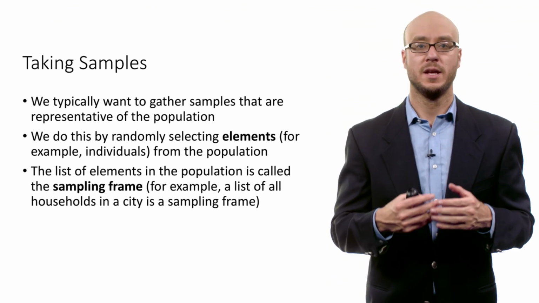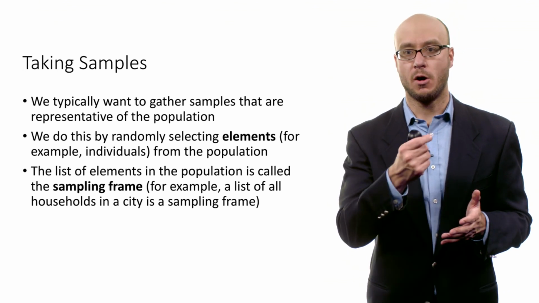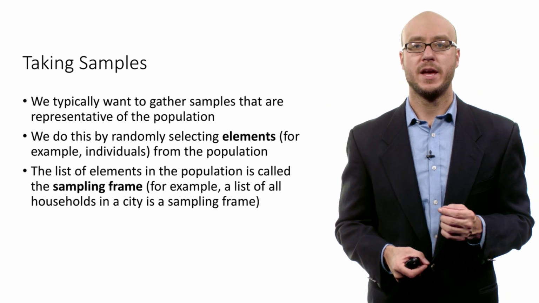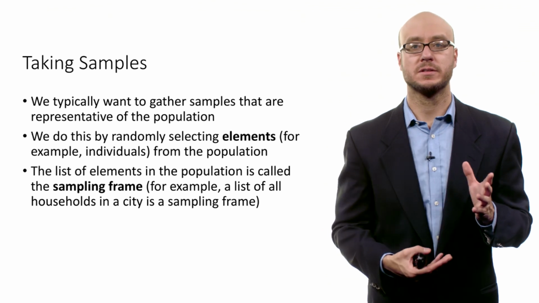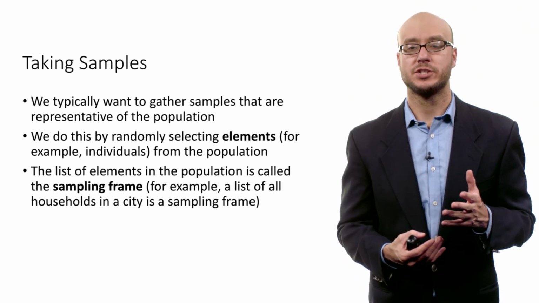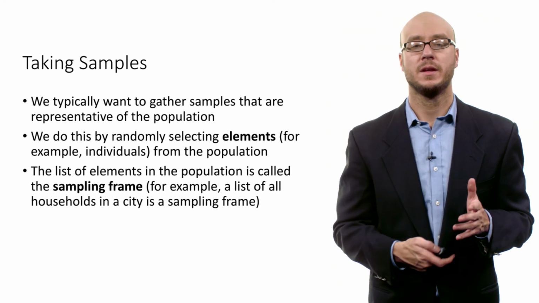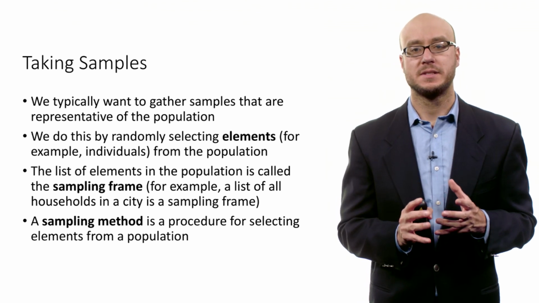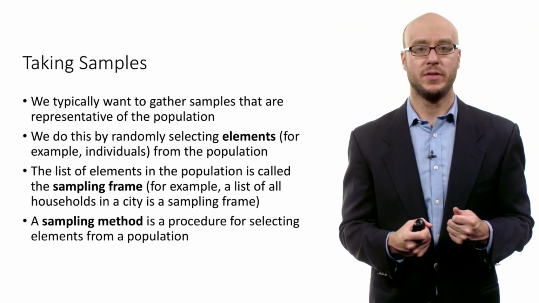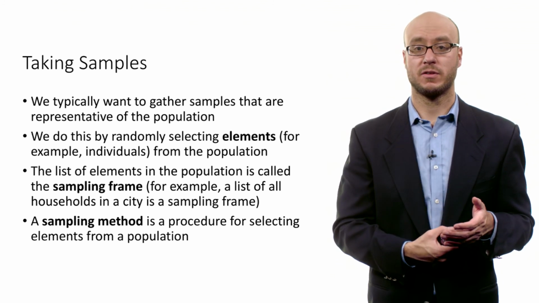So for example, if you're looking at height in a population, all those elements are individuals. And in terms of the sampling frame, it might be all the households in a particular city, if that's your population, and you're going to randomly sample from that list, from that sampling frame, when you actually collect your sample. And then the other point to make is that a sampling method is a process or procedure for selecting elements from a population using this sampling frame.